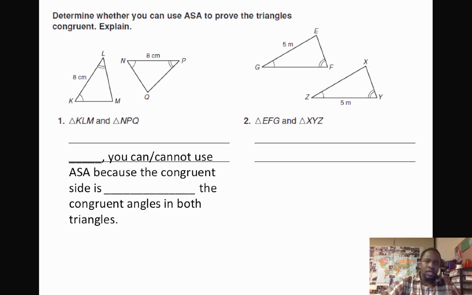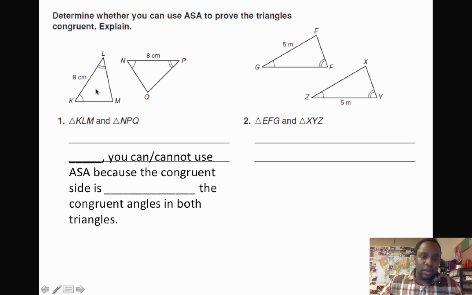Okay, so determine whether you can use ASA to prove triangles congruent. We're going to try to prove that triangle KLM is congruent to triangle NPQ. We could use the third angles theorem to prove that angle M is congruent to angle Q, but angle, angle, angle, remember, is not enough information to prove these triangles are congruent. We need to find another way.